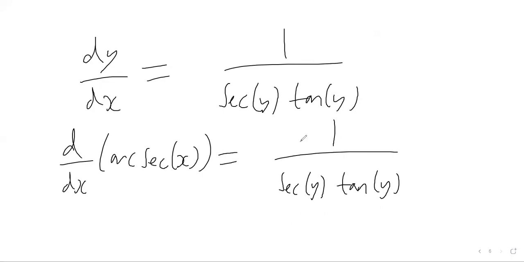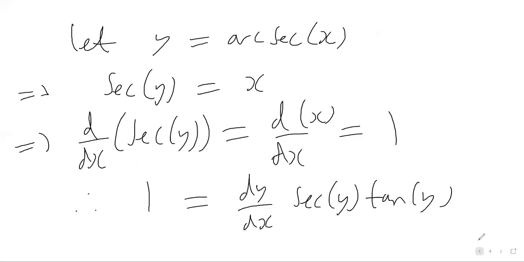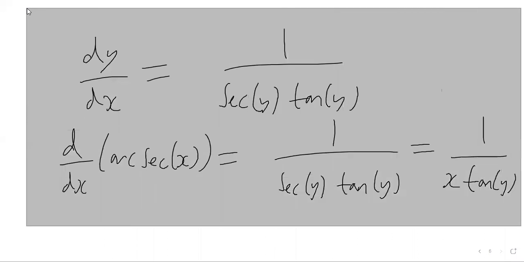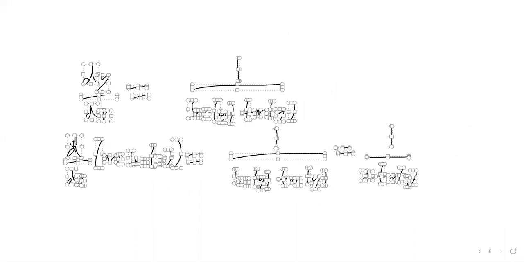So we've got to get rid of this function of y on the right-hand side. What do we know? We know that sec y is x. So let's plug that in. This is equal to 1 over x times tan y. Then we've got this tan y that we want to get rid of, so we're going to have to use a trig identity to do that.